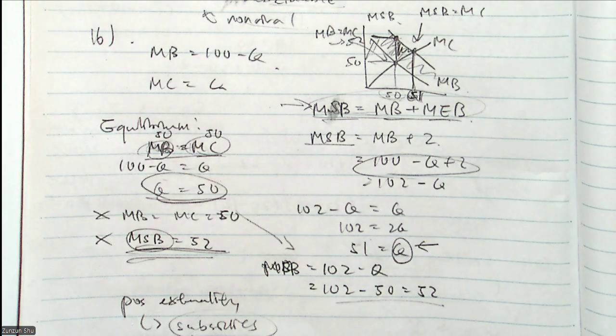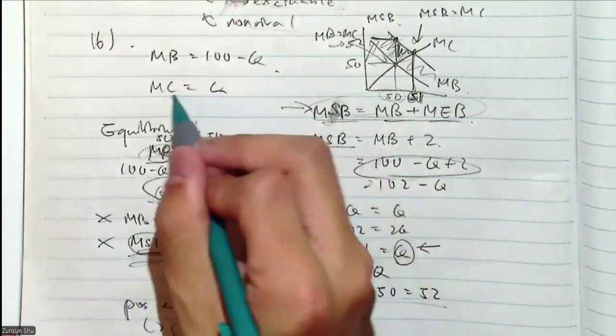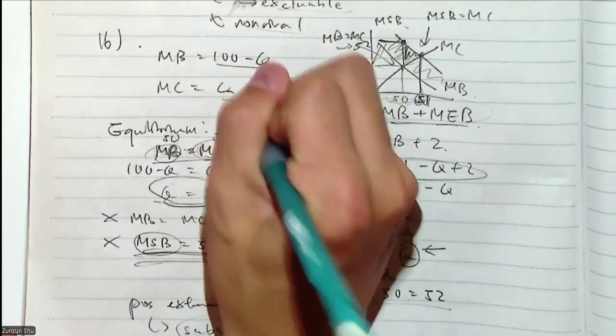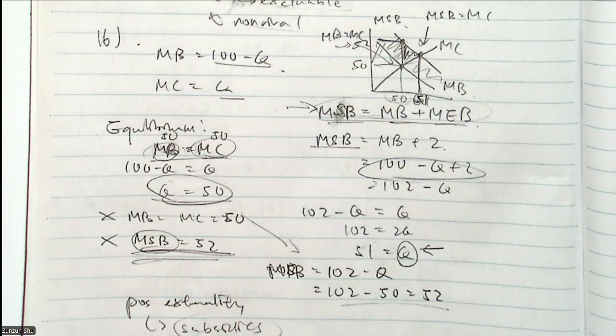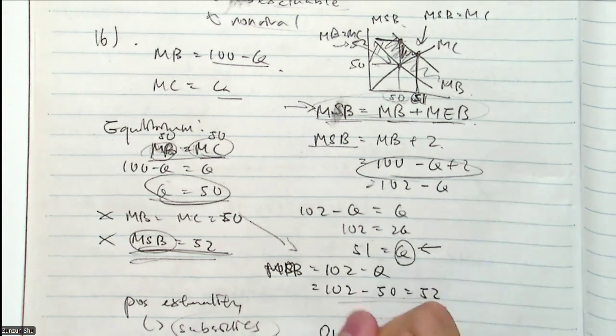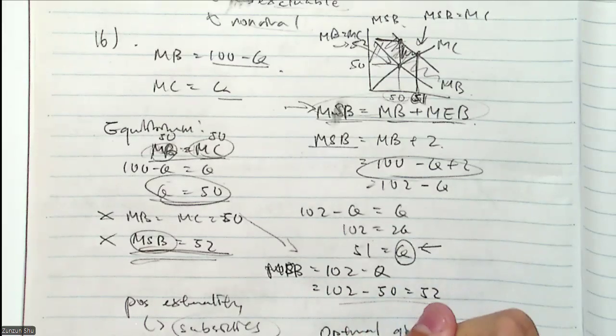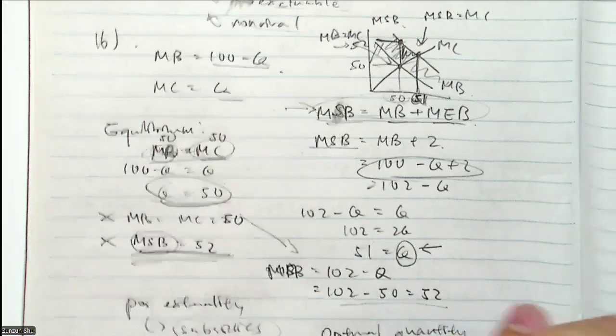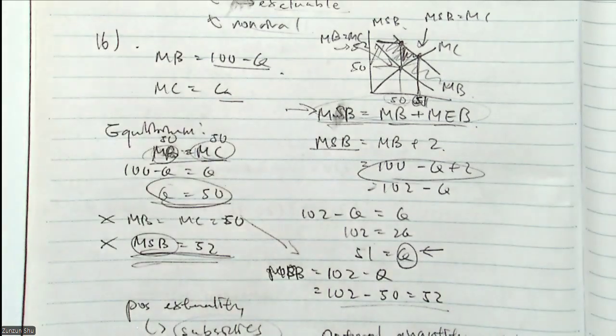Well, the idea here is MB equals to this, that equals to that. And you want the optimal quantity to be 51, right? So if you want the optimal quantity to be 51, then how are you going to achieve that?